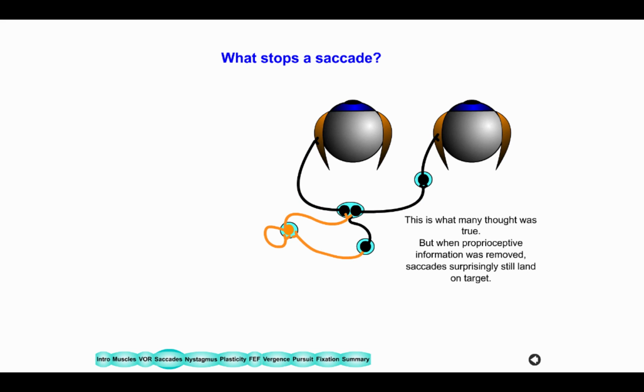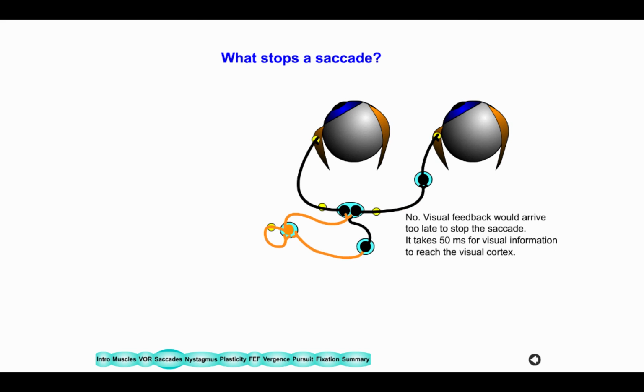Now, it's not coming from the eye either, because visual feedback would be even slower. It takes you about 200 milliseconds or so to react to a visual stimulus. By that time, the eyeball, were it able to do so, would have turned halfway around its socket, or more than halfway. It's going so fast. So it's not that either.